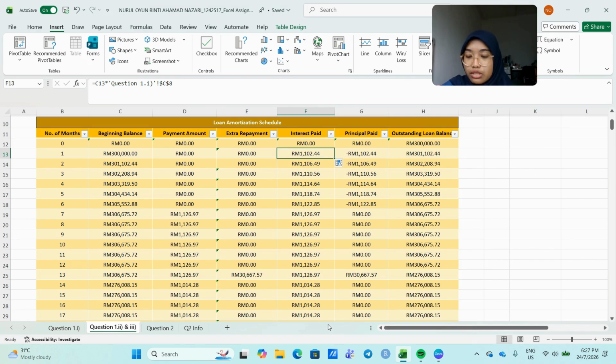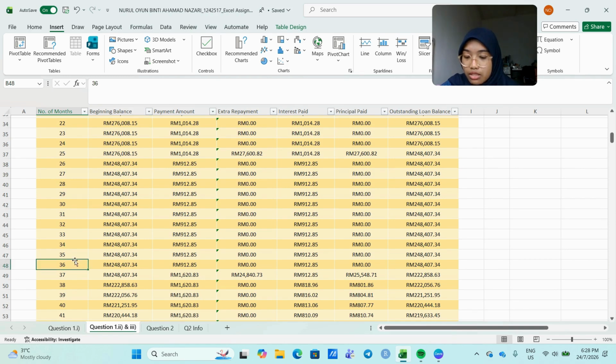During phase 1, from the first month until month 6, because no payment is made, the interest accumulates each month and compounds into the principal balance, causing the interest charge to slightly increase every month, up to 1,122 ringgit 85 cents.